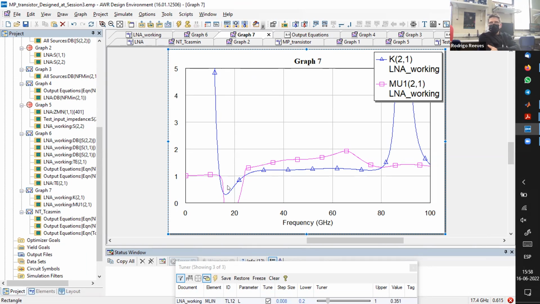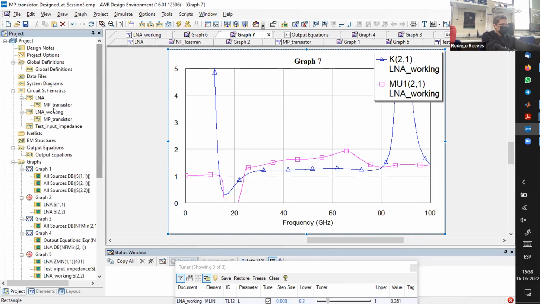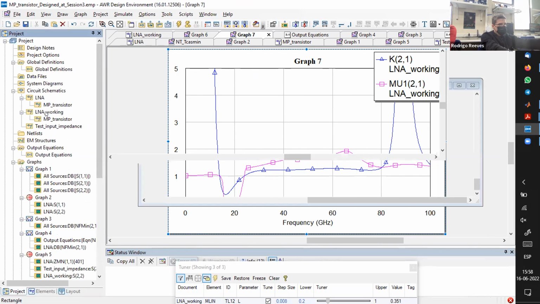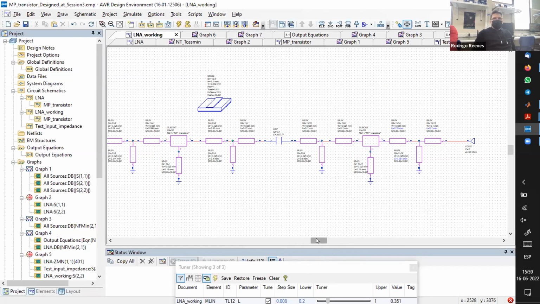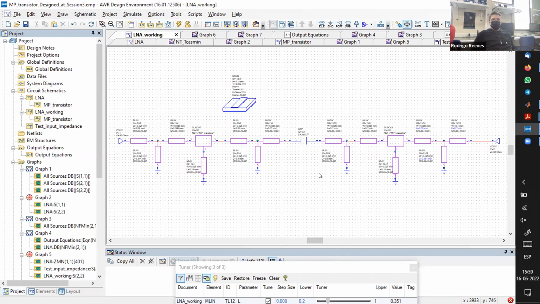Okay, so if we go now to the schematic. We used mainly series transmission line and short-circuited shunt stub to match the amplifier. And I mentioned that we can use those short-circuited shunt stubs also for biasing.